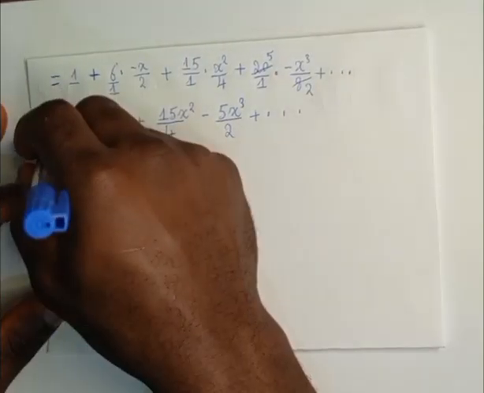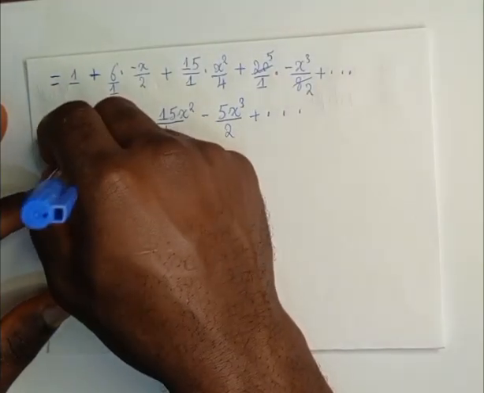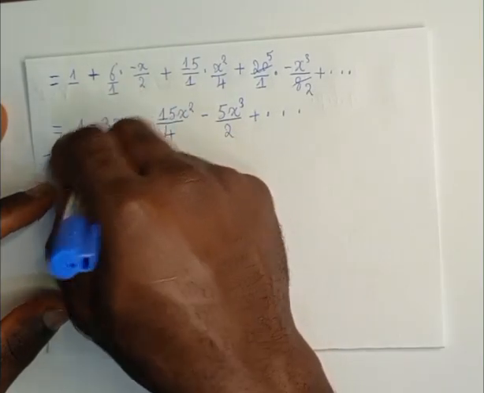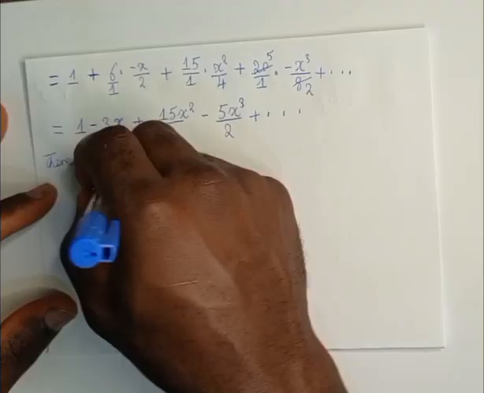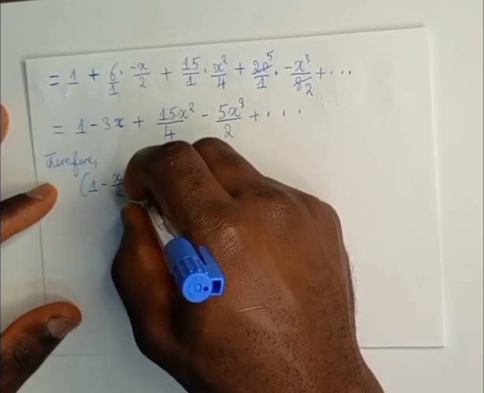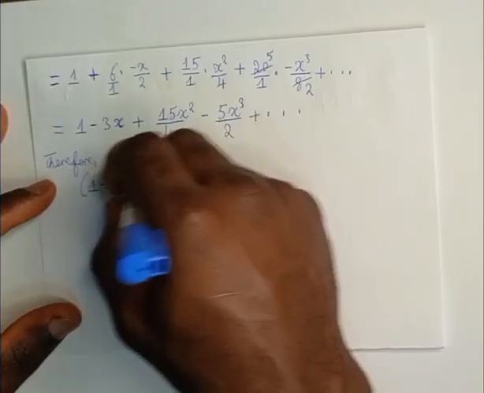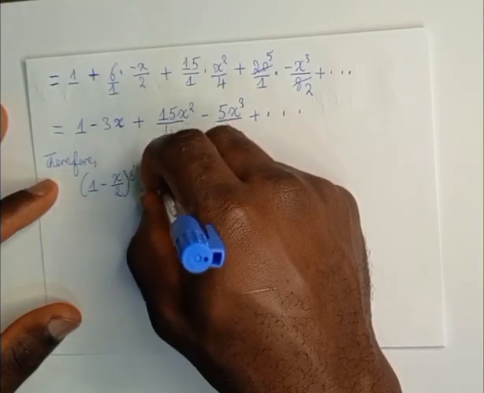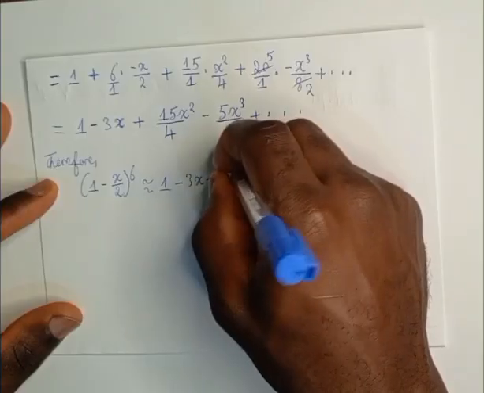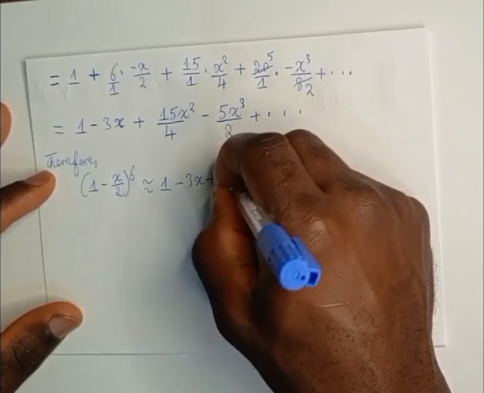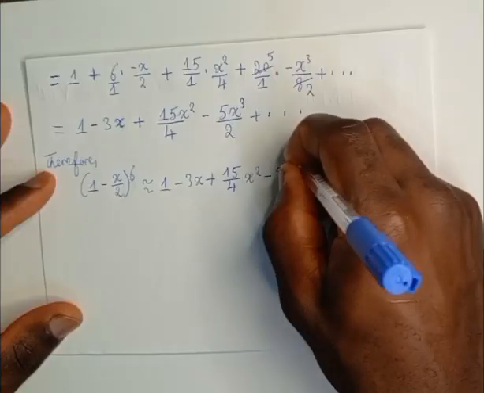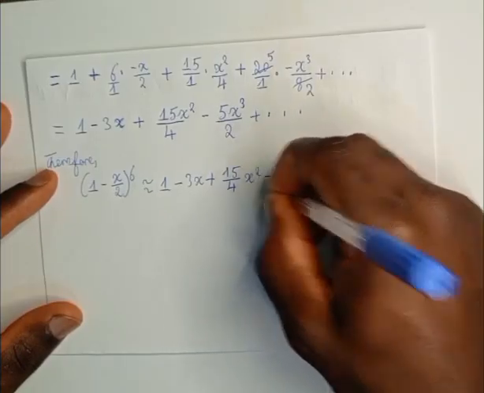We are going to conclude, therefore, now if we expand 1 minus x over 2, all this raised to the power 6, right up to the first 4 terms, it is approximately 1 minus 3x plus 15 on 4 x squared minus 5x cubed on 2.